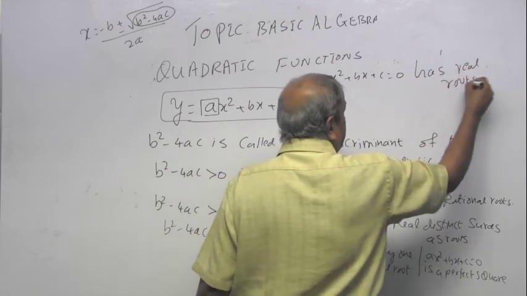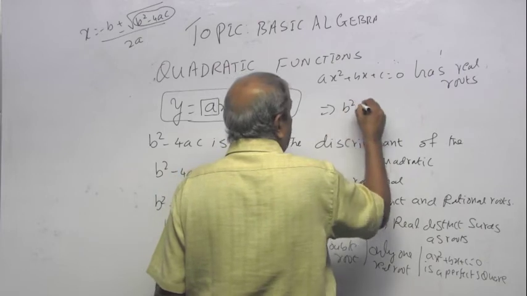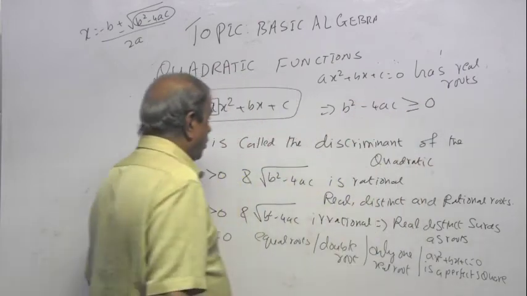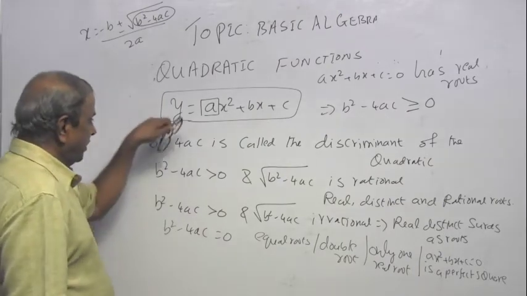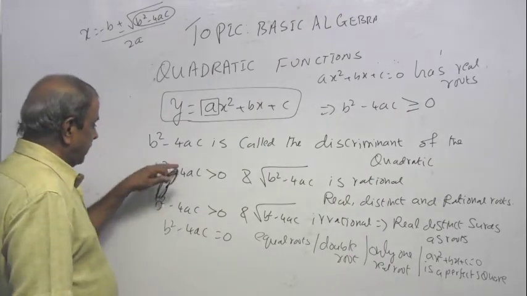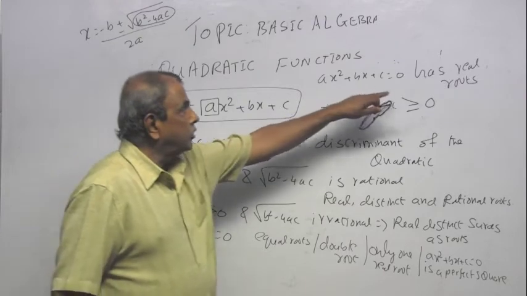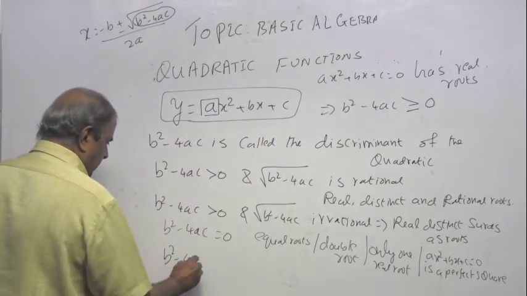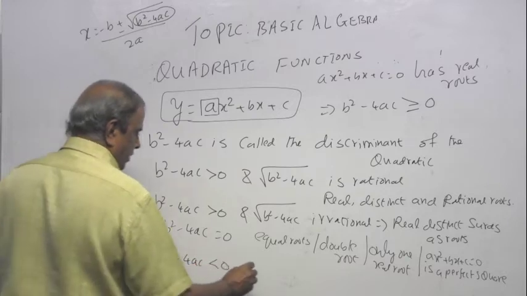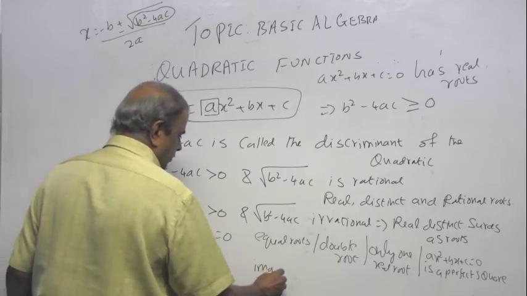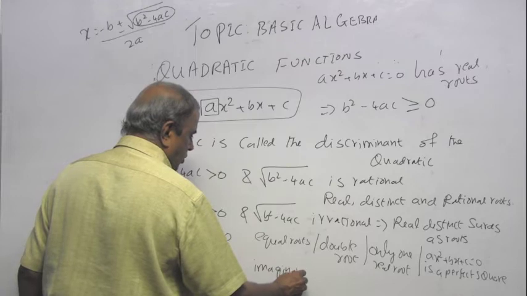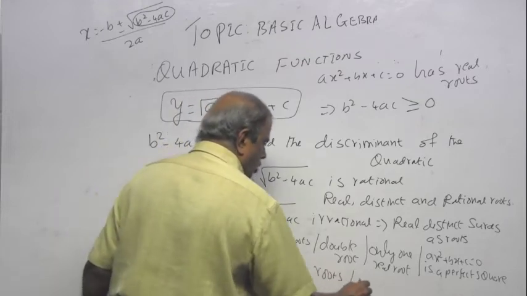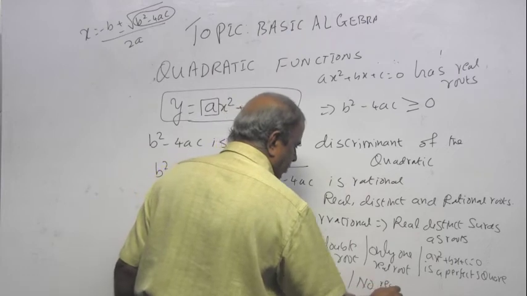Once they say it, it means b squared minus 4ac greater than or equal to 0. So these three cases add up to it having a real root. But if b squared minus 4ac is less than 0, imaginary roots. If you don't want to write imaginary roots, you can write no real roots.